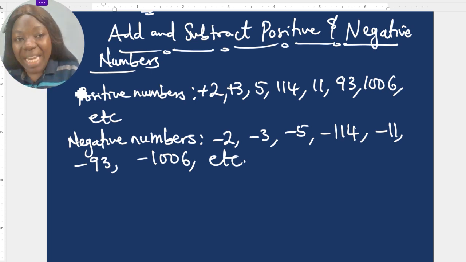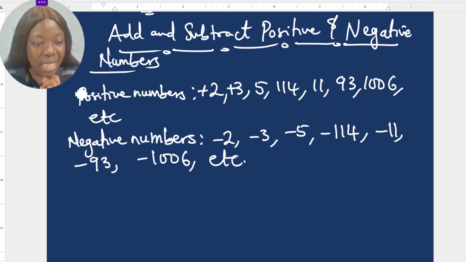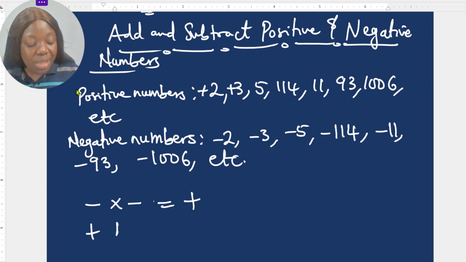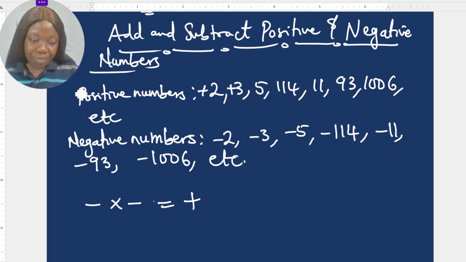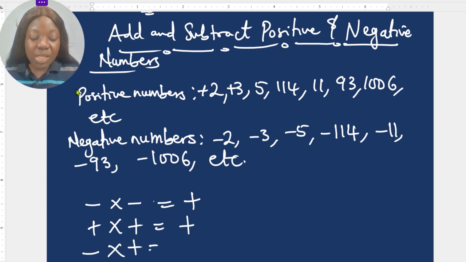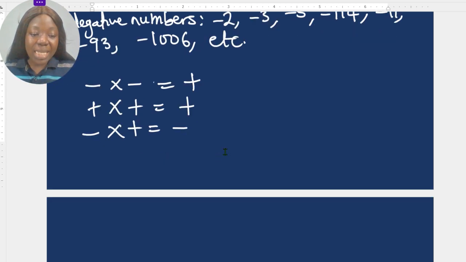So now let's see how we can add and subtract positive and negative numbers. Initially I told you that you should take note that minus times minus will give us plus, plus times plus will also give us plus, minus times plus will give us minus, and plus times minus will give us minus.